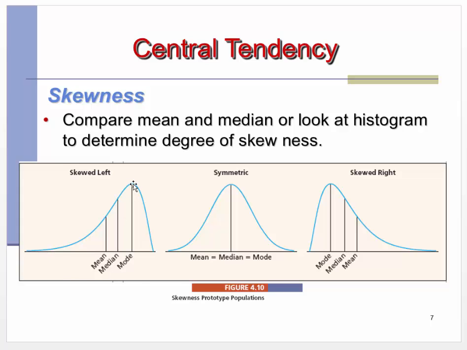There's a peak here, which has to be the mode because that's the most frequently occurring one. The median should be somewhere to the left of the mode, and so is the mean. Why is the median over here, not on this side? It's because that's the one that separates the first half and second half, so there should be an equal number of observations on either side.